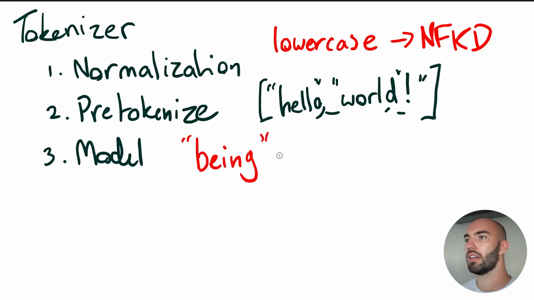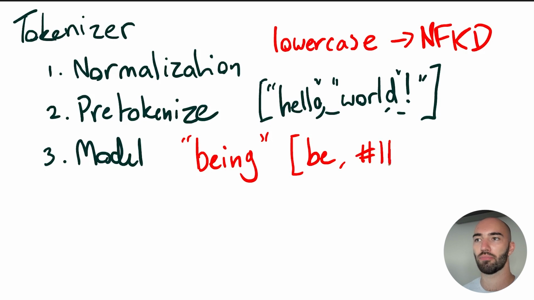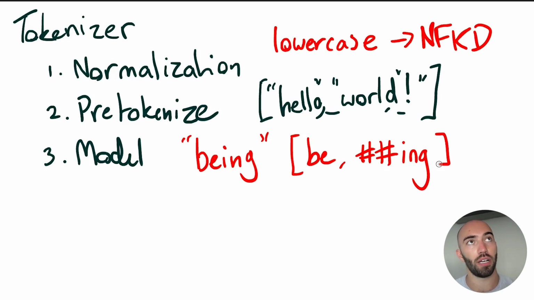So "being", for BERT specifically, would probably get split into something like "b", and then a subword token, which is always prefixed by the double hash symbol, and that would be "##ing". So we get two tokens from that because the BERT WordPiece tokenizer is a subword tokenizer.